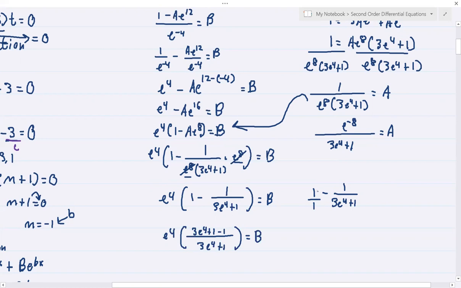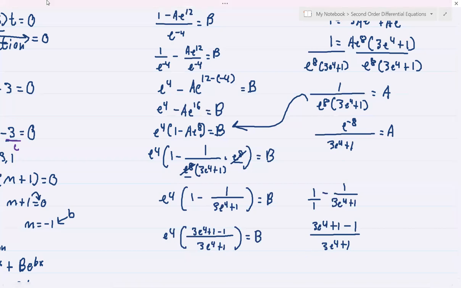So by applying butterfly technique, 1 times 3e raised to 4 plus 1, we will have 3e raised to 4 plus 1. Then next, minus 1 times 1, we will have 1, all over 1 times 3e raised to 4 plus 1, we will have 3e raised to 4 plus 1. That's basically how you use butterfly technique.